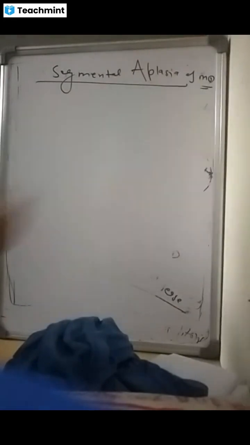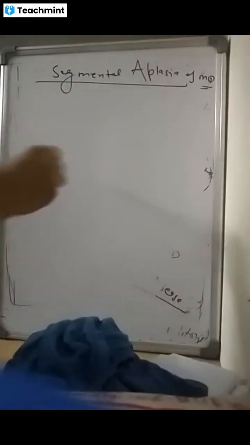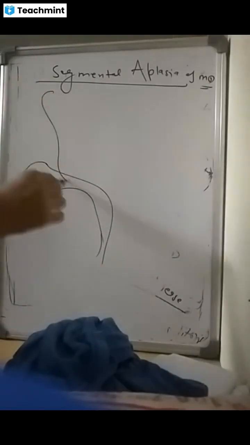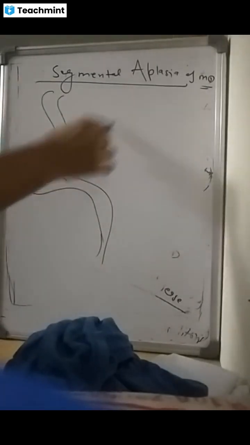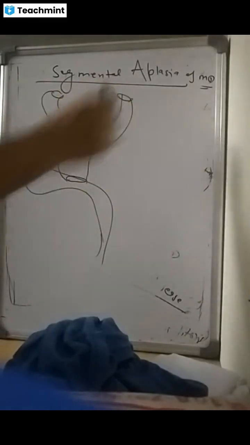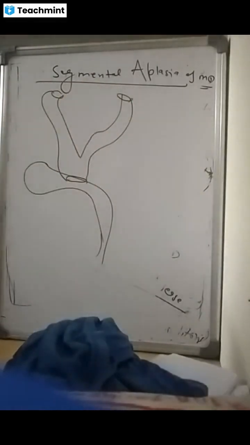So segmental aplasia of the Mullerian duct means that, with the urogenital sinus here and the Mullerian duct, part of the duct is absent.